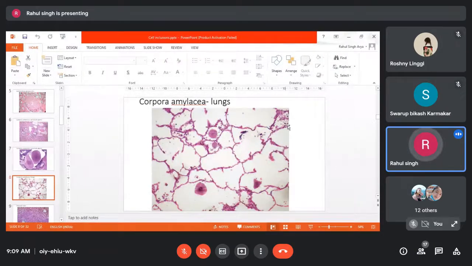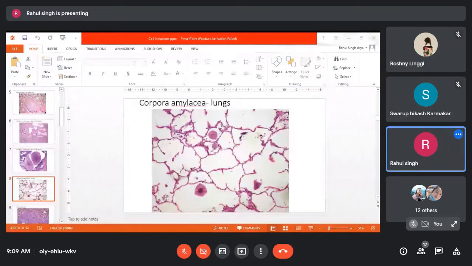You can see there is some debris accumulation in the lungs also. Both the normal and the emphysematous alveoli are showing the presence of the corpora amylaceae.